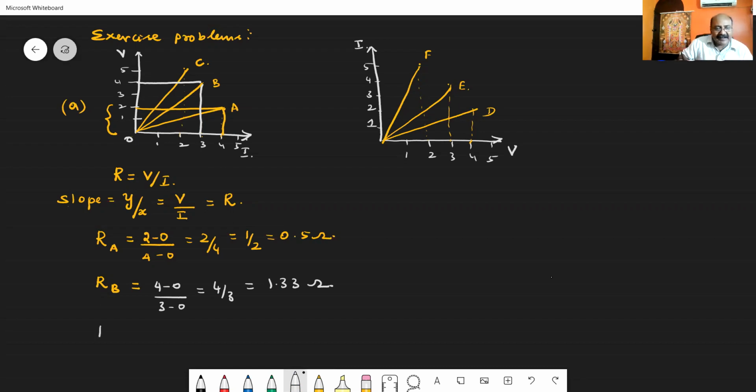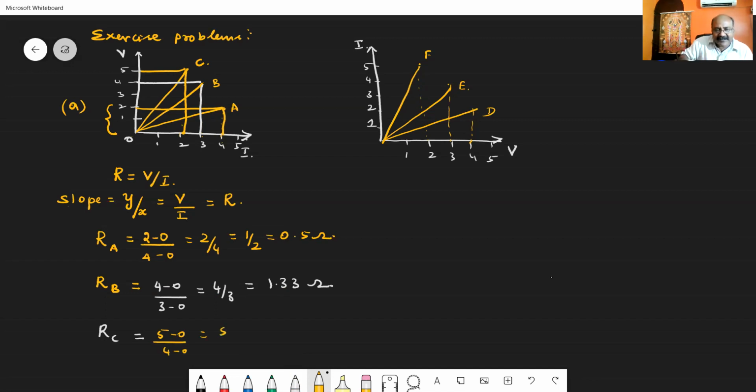Similarly, you calculate the resistance for C. Now you drop a perpendicular from C. When you drop a perpendicular from C, it meets at the point 2. Similarly, dropping a perpendicular to the y-axis, it meets at the point 5. So the y-intercept is 5 minus 0 by the x-intercept 2 minus 0.